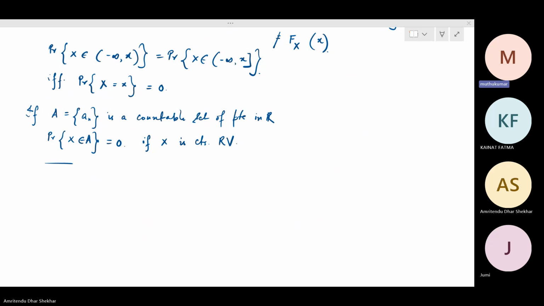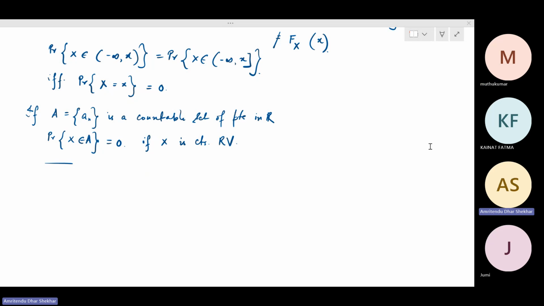Measurable properties of CDF. What do you mean by measurable properties of CDF?